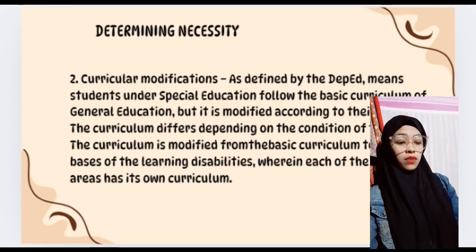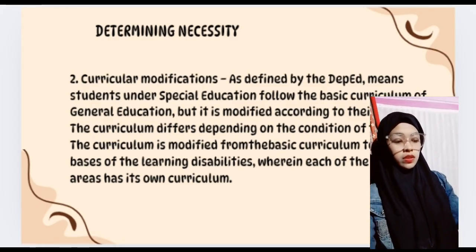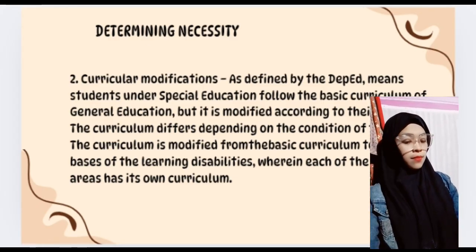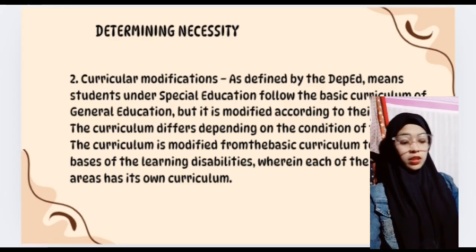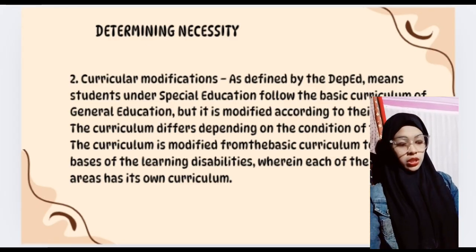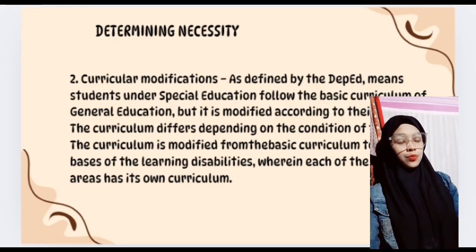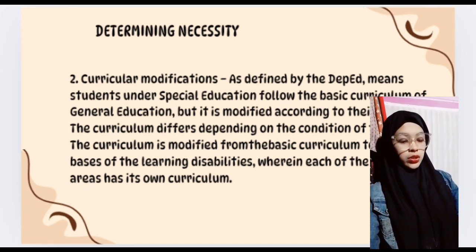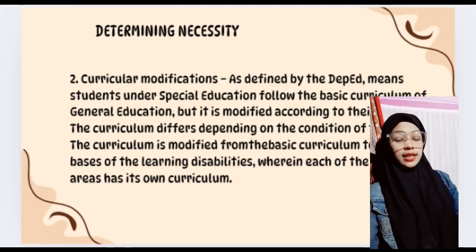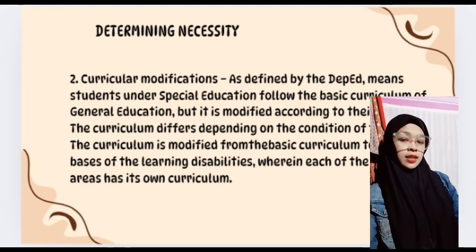This might involve adapting the curriculum to focus on essential skills using different materials, or modifying assignments to match the child's abilities. The Department of Education, the DepEd, is mentioned, indicating adherence to national guidelines.